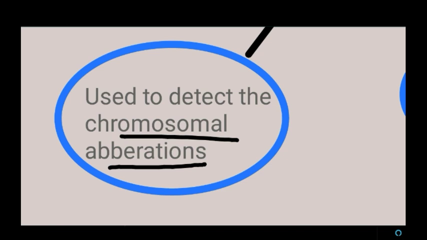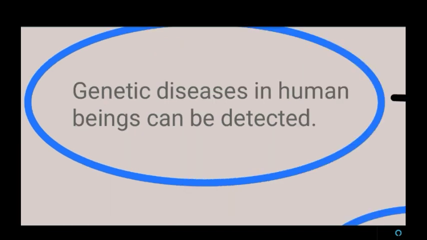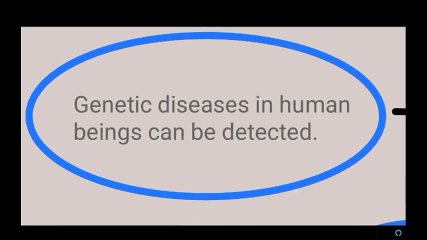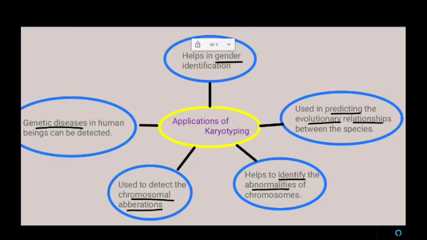Chromosomal aberrations include, for example, aneuploidy. And the next application is that it is used to detect genetic diseases in humans. So these are the applications of karyotyping.